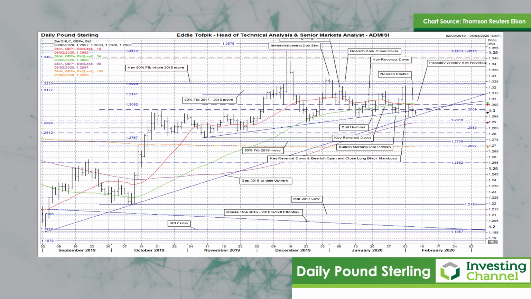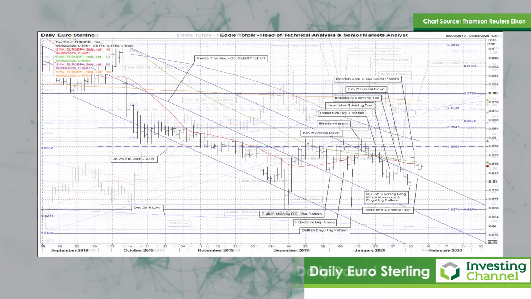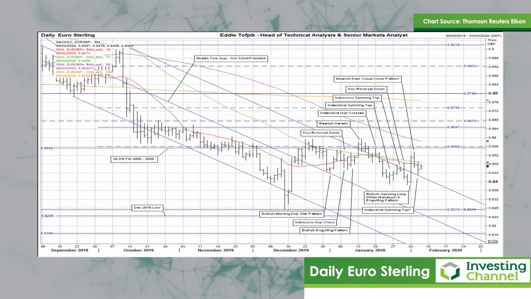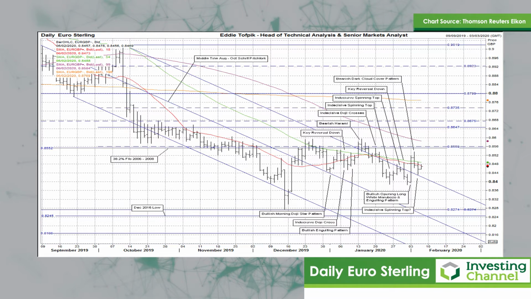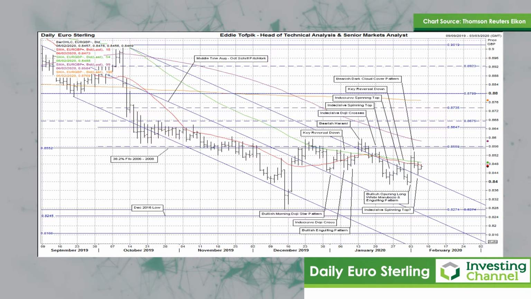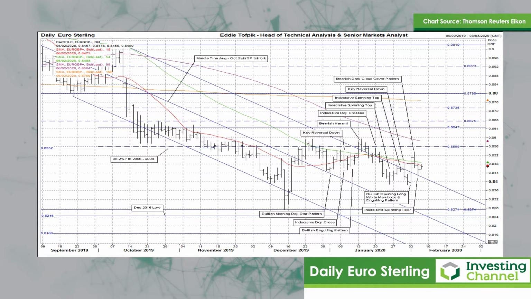The third chart to look at is euro against sterling. A second bearish black crow and follow on from the previous bearish dark cloud cover pattern. However, because of its nature, it also looks a bit like an indecisive spinning top pattern as well.